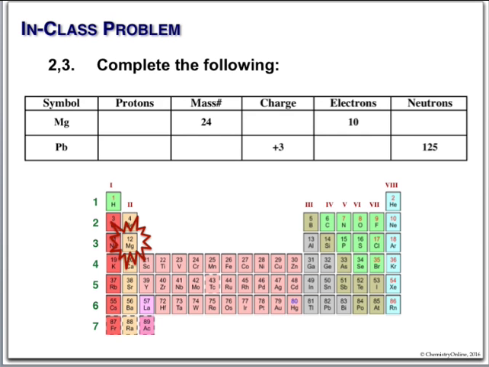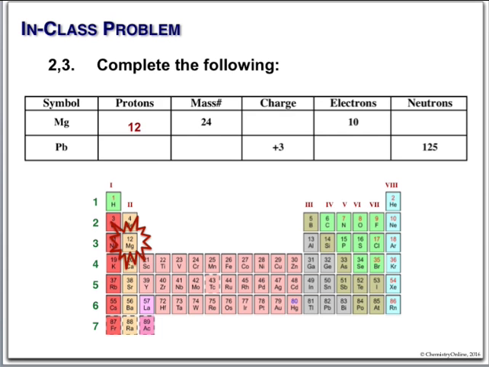We say to ourselves, if the atomic number is 12, that means there are 12 protons in the nucleus, right? Therefore, number of protons, 12. Now, every proton has a positive charge. So we have 12 positives in this atom.